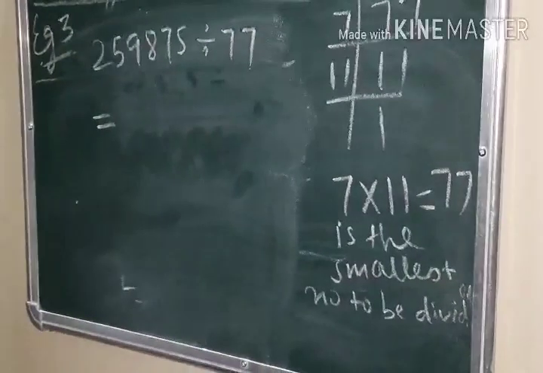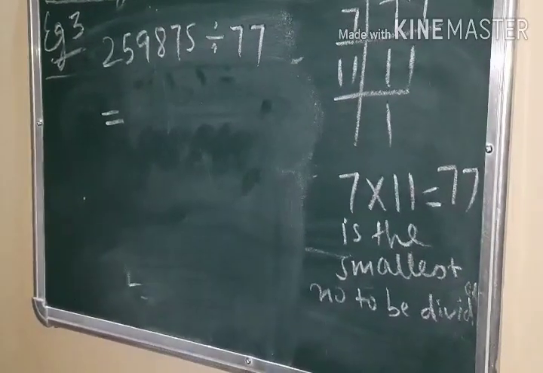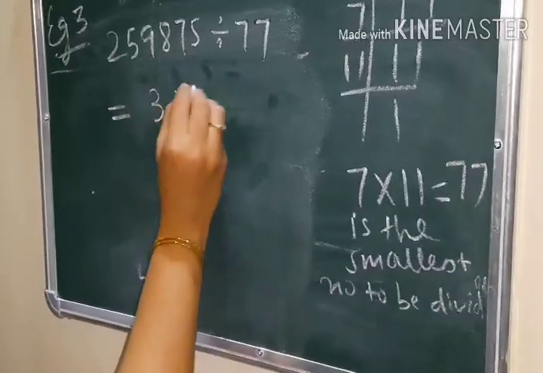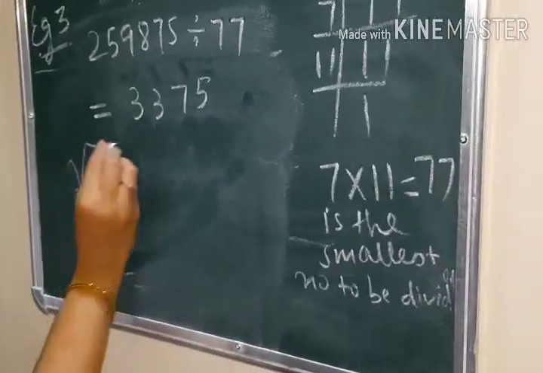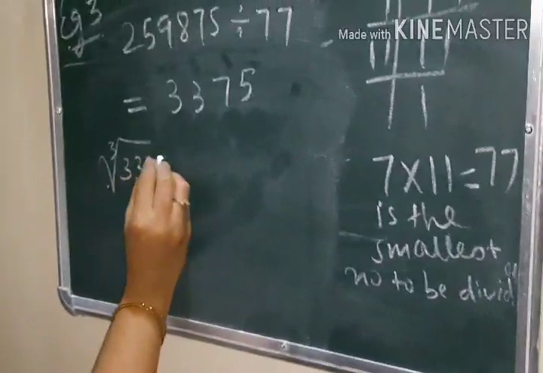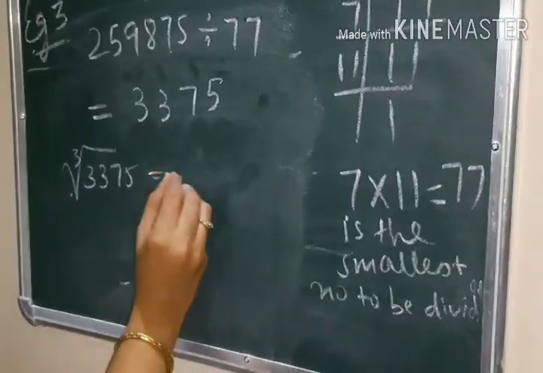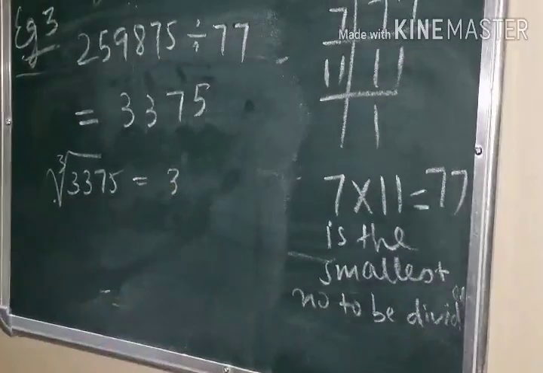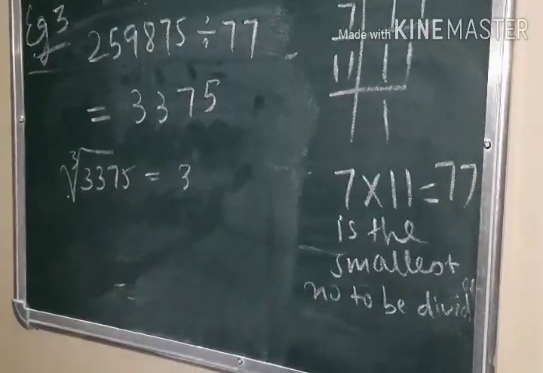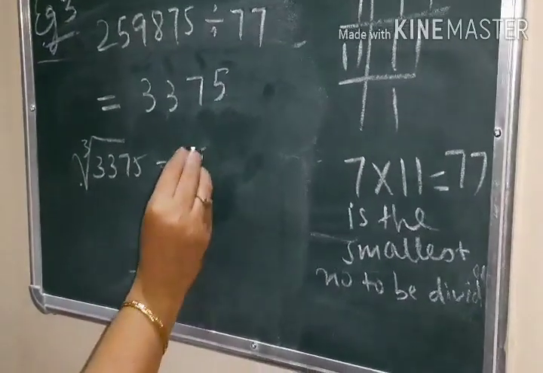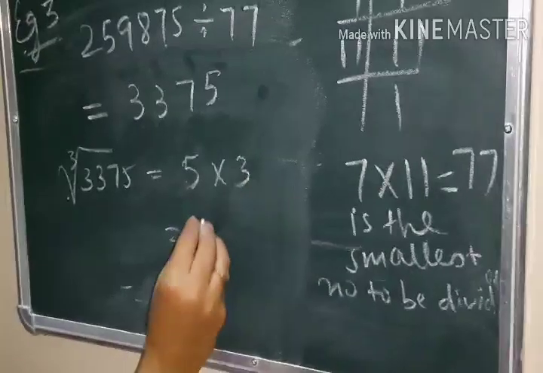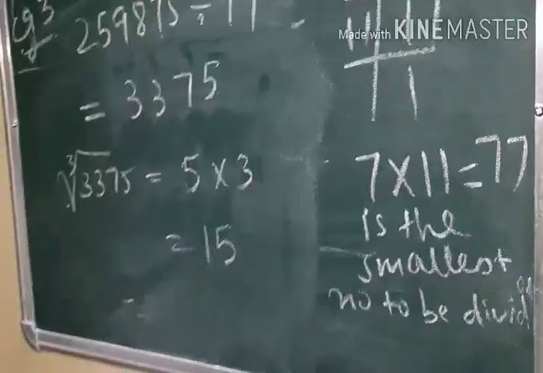When you divide it, your answer will be 3375. Right? So cube root of 3375. Now these two were extra, so these will be removed. So you are getting just 5 and 3. So 5 and 3 will multiply. Your answer is 15. Right?